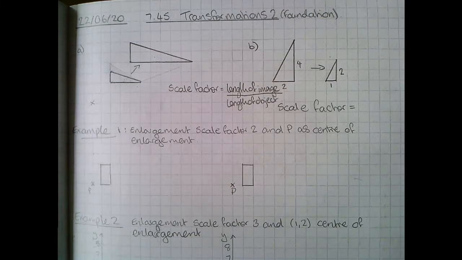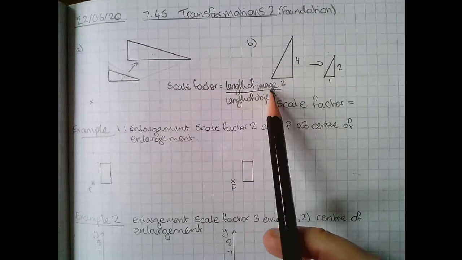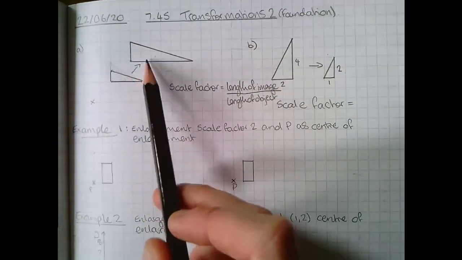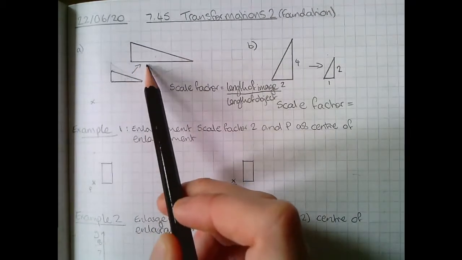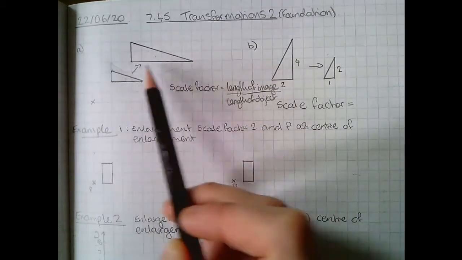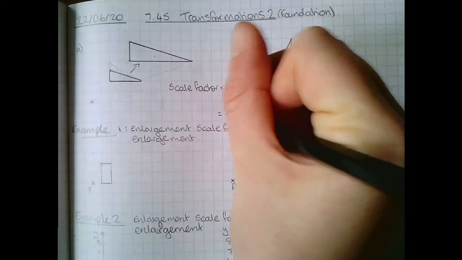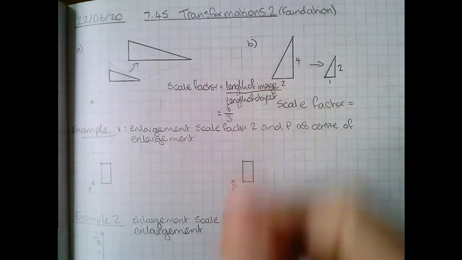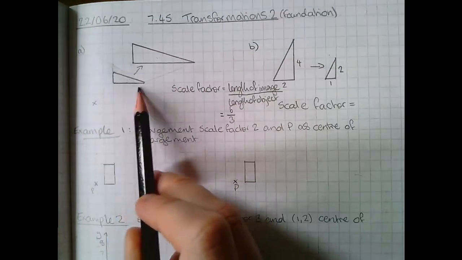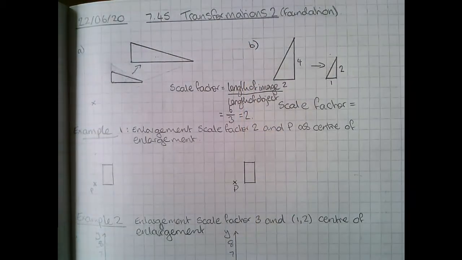So in this one, our image is the bigger one because that is after the transformation's taken place. So we have 1, 2, 3, 4, 5, 6. So that side length is 6 long. So we can say that is 6 divided by, and this side length is 3. So our object side length is 3. So 6 divided by 3, that is 2.